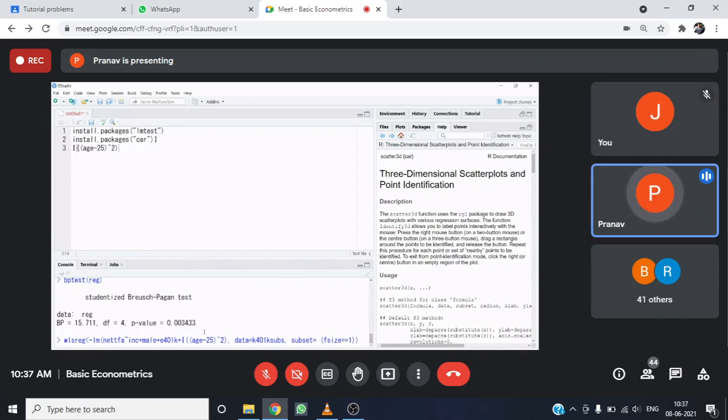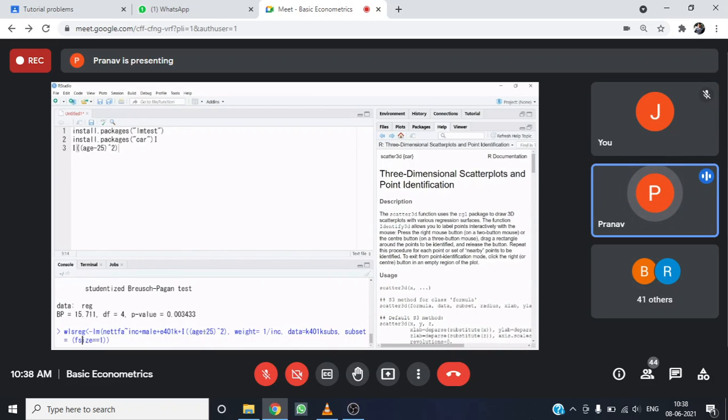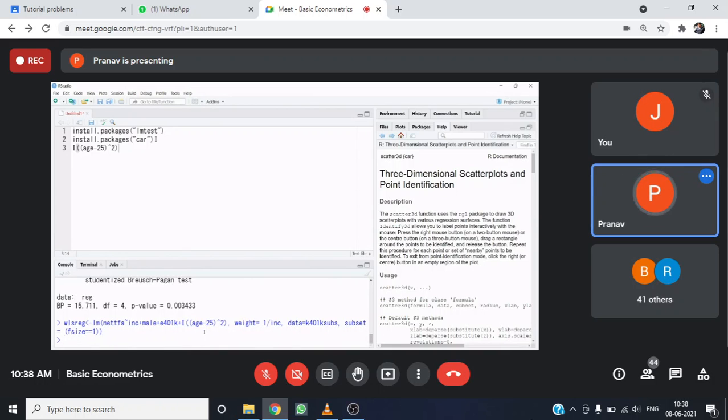So if I'm running weighted, it means I have to define the weight. So I write here weight is equal to 1 upon income. If the researcher assumes that the variance is proportional to the income variable, then the weight here would be 1 upon square root of income. So accordingly, as you define weights, your WLS, that is weighted least squares regression, will come out.